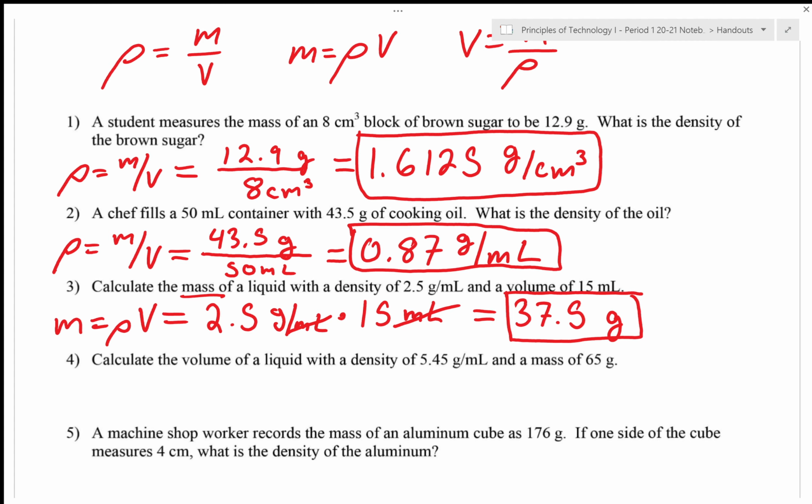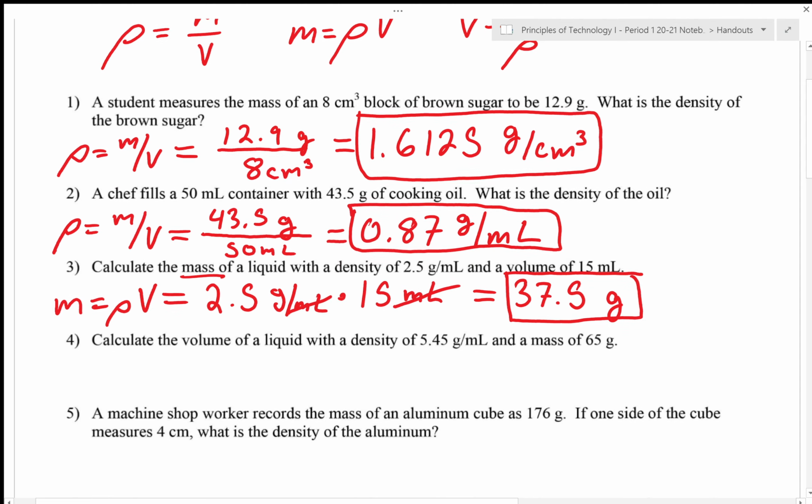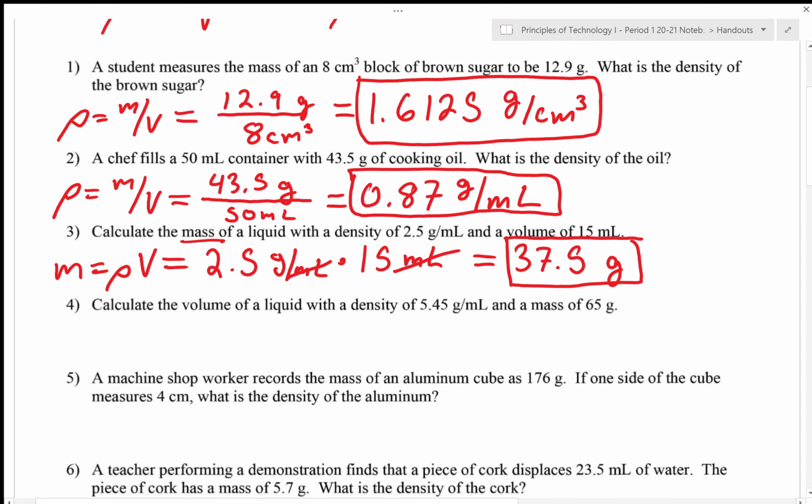Number 4 is the last of the straightforward problems. It's asking us for the volume of a liquid given a density and a mass. So the equation that we're going to use is volume is equal to mass divided by density. The mass that we were given is 65 grams. The density of the liquid is 5.45 grams per milliliter.